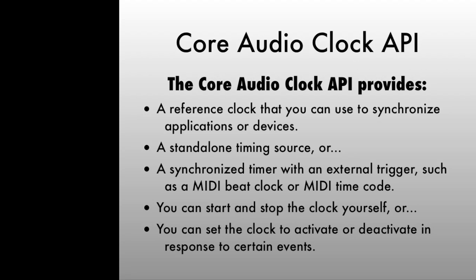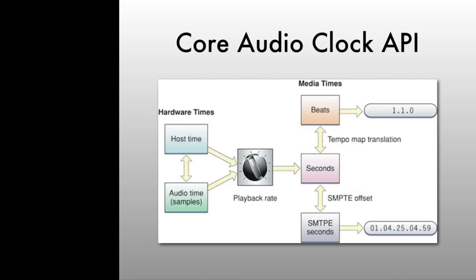You can also set it to trigger off of specific events or external hardware inputs, even MIDI. Beat codes and time codes can trigger the clock API, and essentially what you've got is your playback rate that you can adjust, and it keeps all of this stuff in sync for you.